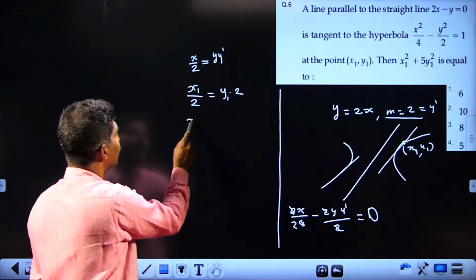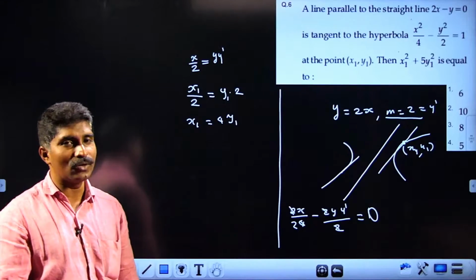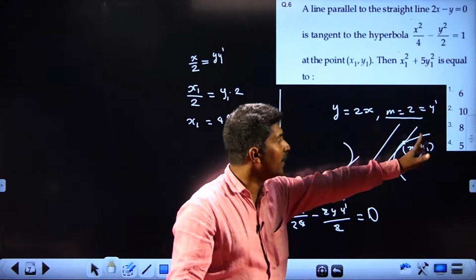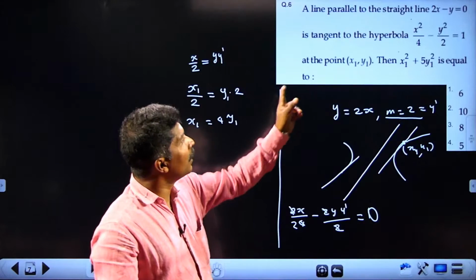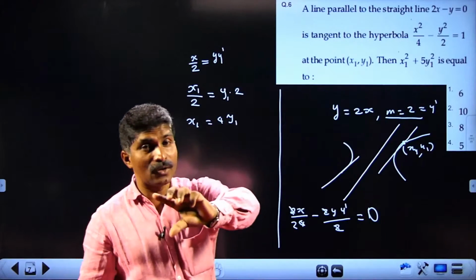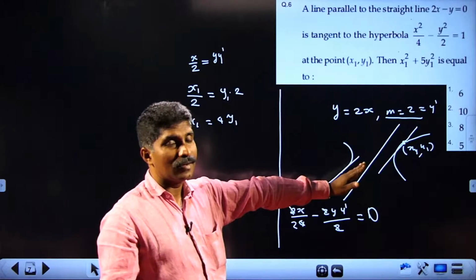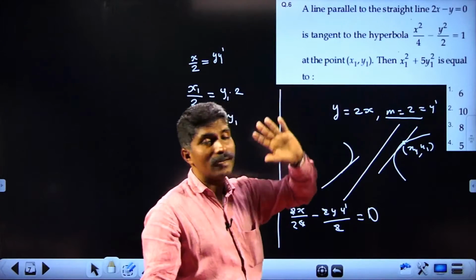So x1 is equal to 4 times y1. So you are finding a relation between x1 and y1. Now we will substitute that value in the given equation, not in the line, because the line is not on the curve. The point is on the curve.